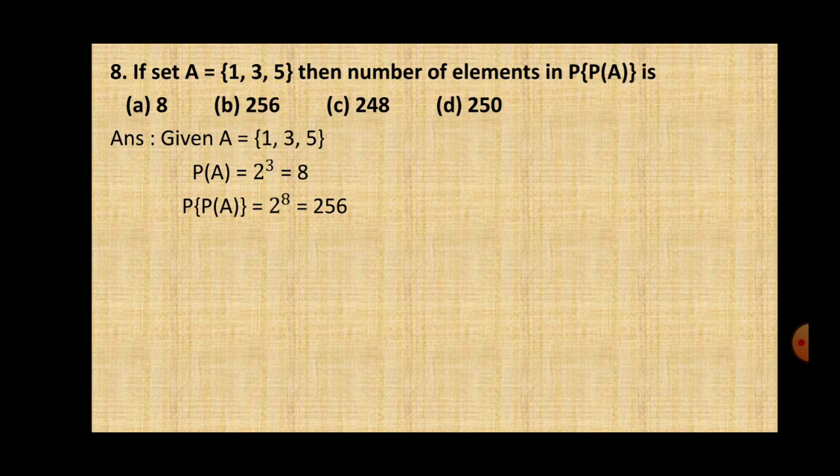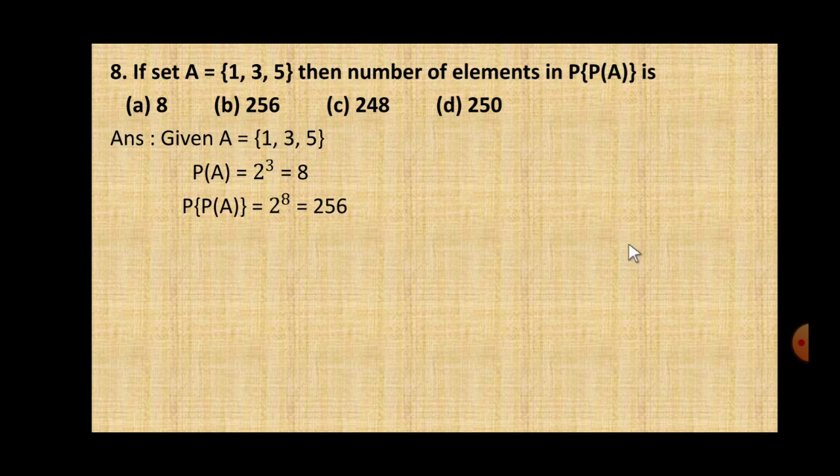Next, in this P of A there are a total of 8 subsets. Those 8 subsets you can consider as the total 8 elements in P of A. Now the power set of P of A is again the total number of subsets of P of A. You can apply the formula 2 raised to n, where n is the total number of elements in the given set.